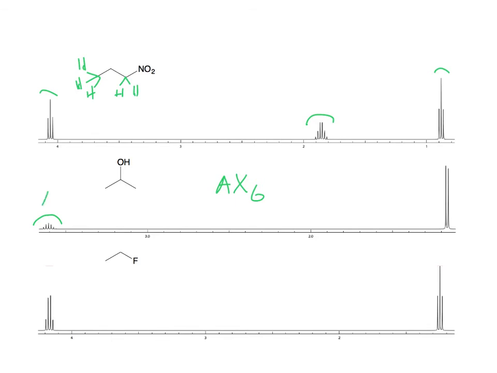We've got 1, this would be A, and these are far apart but X, and there's 6 protons over there. This one I think would be something like A2, and then there's 1 in the middle, so sometimes we use an M for something in the middle. M2X3.